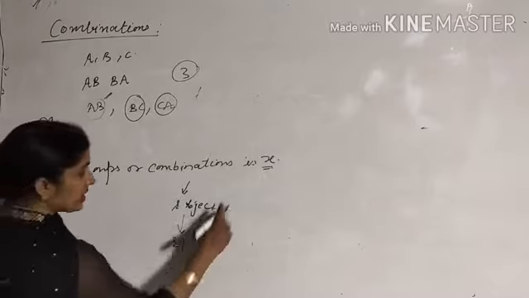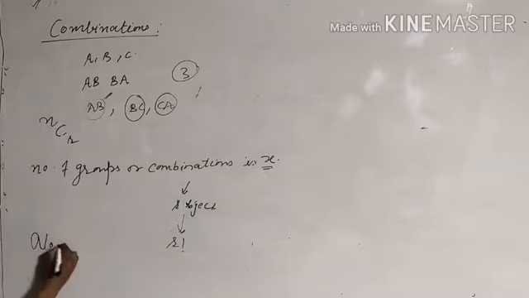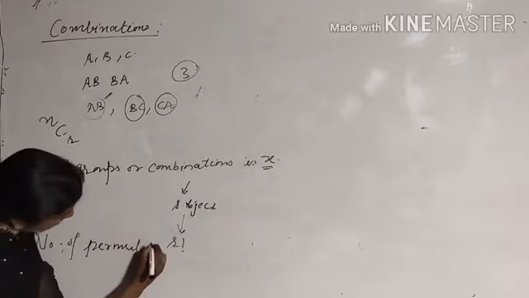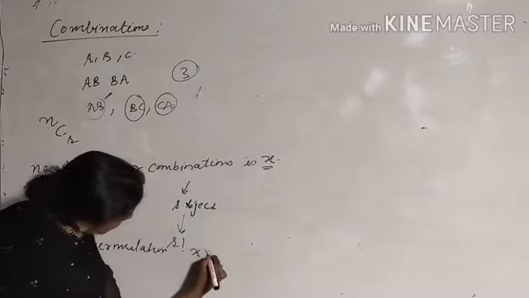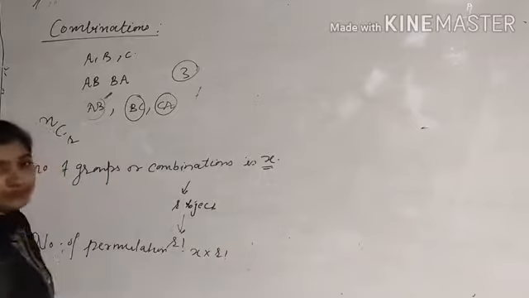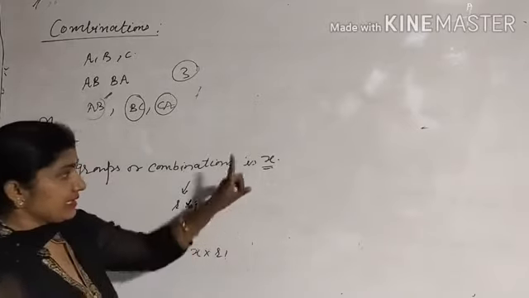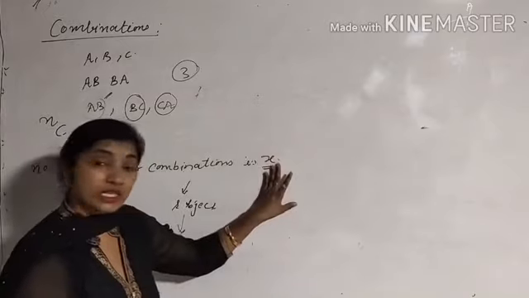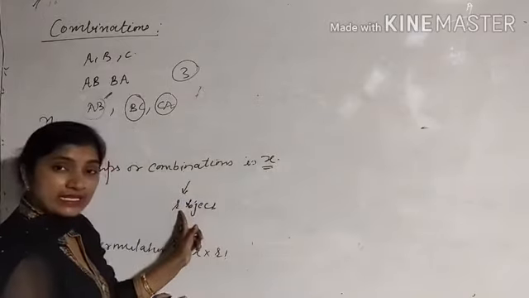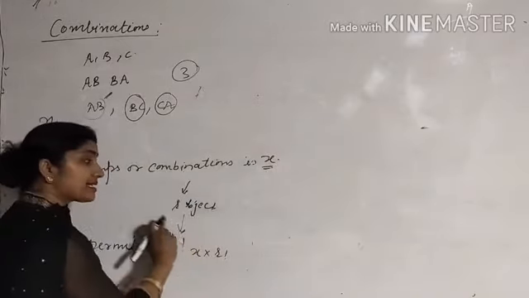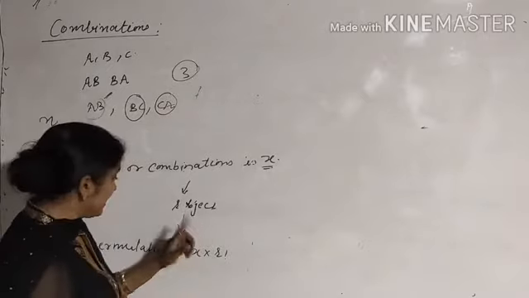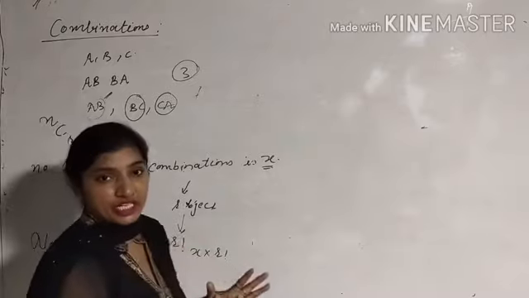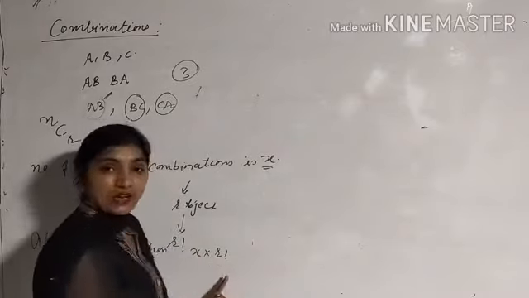So the total number of permutations is X into R factorial. Total number of groups is X, each group has R objects, and R objects arrange in R factorial ways.